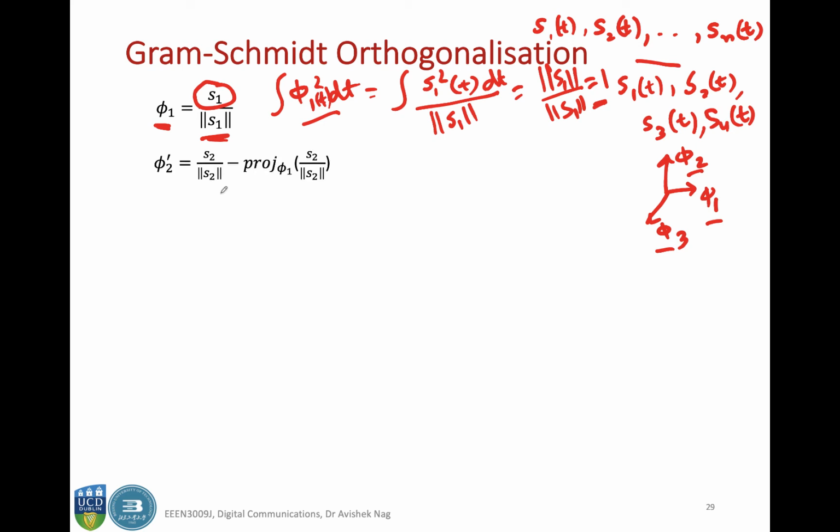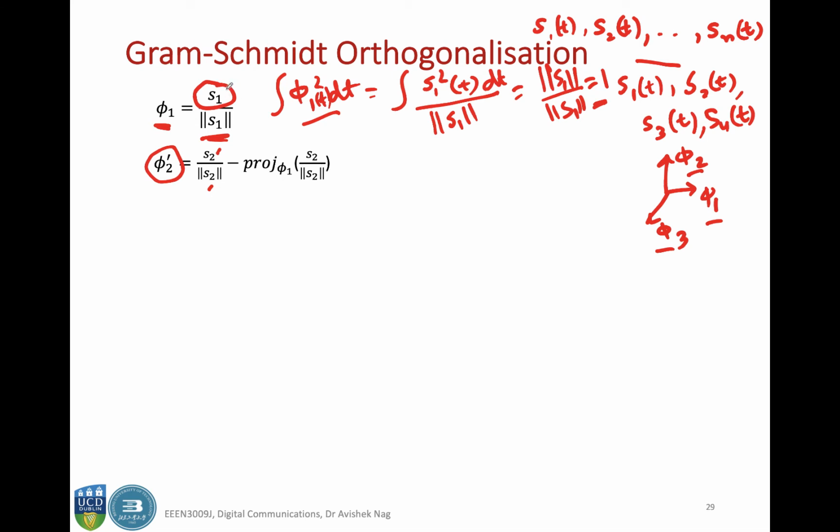To calculate phi2, first we calculate an intermediate vector phi2 prime. So remember, you know all the signals beforehand. You are starting with the input set of all these signals. So you know S1, you know S2, you know up to Sn.